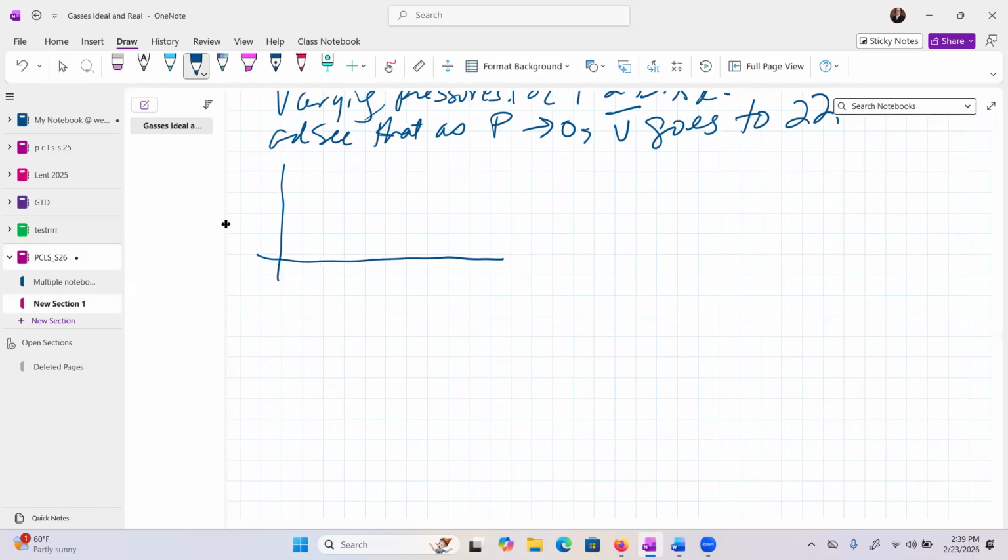All right. So what we're going to do is plot PV bar over pressure. Like so. So the numbers we're going to have here, let's try to make this to scale. Let's see, I have 4 different values: 1, 2, 3, 4. So this is going to be 22.3, 22.35.